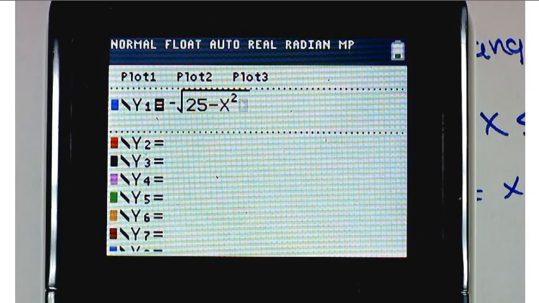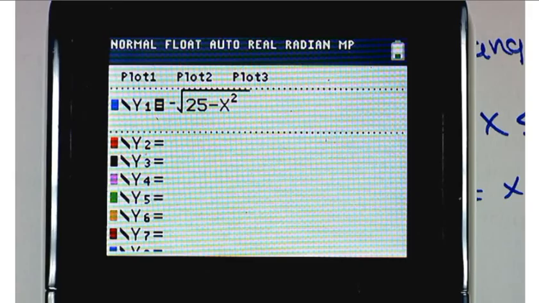Let's see if we can figure out something about the domain first. I want to show you a little trick about your calculator. I can't put in just any value of x here, can I? For instance, if I put in x equals 6, what would happen underneath the square root?